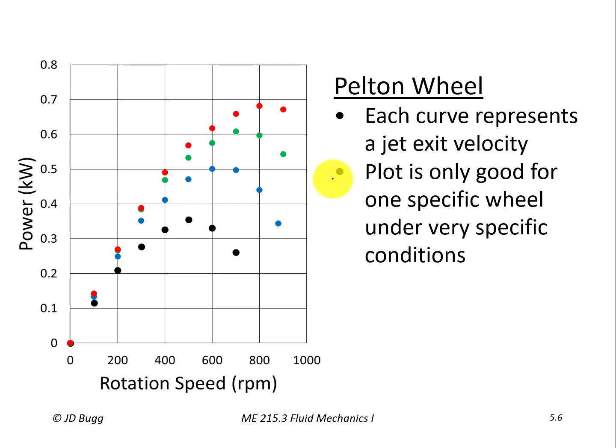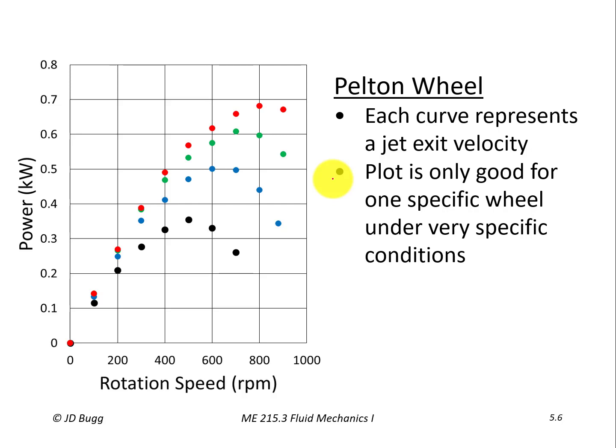Or we wanted to look at some operating conditions that we hadn't specifically looked at here, maybe a different jet exit velocity or something. Well, if we represent these results in a non-dimensional form using dimensional analysis, we get a much more useful plot than this that we can use over a much wider range of conditions.